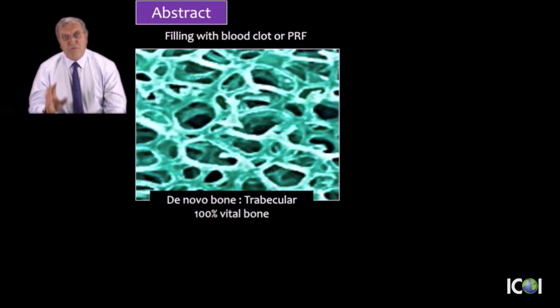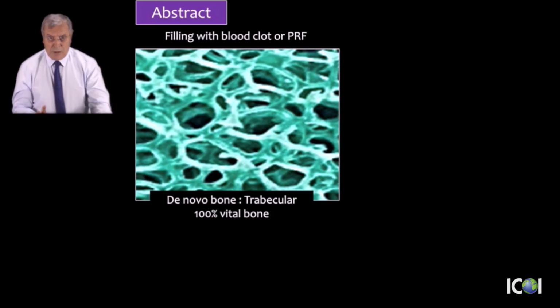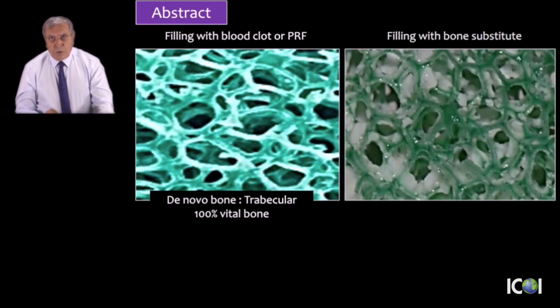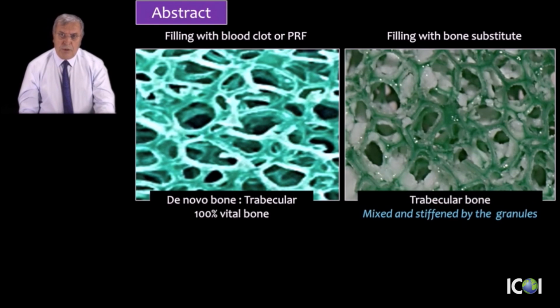When we fill only with blood or PRF, we have a full trabecular, but all the trabeculae are of pure bone. When we do a bone graft with a biomaterial, we have a trabecular, but these trabeculae are mixed and stiffened by the granules. They are not the same trabecular bone.